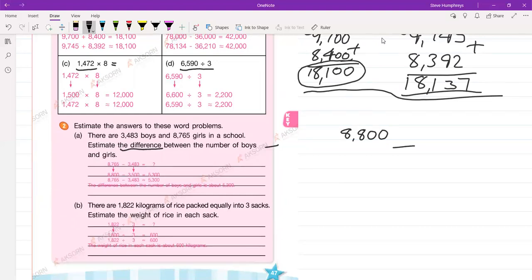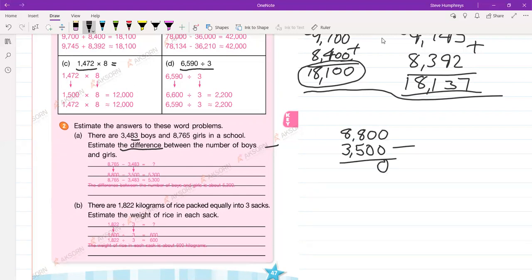It's like a word problem. 8,800 minus 3,483, look at the last 2 digits, round it up to the nearest 100, 3,500. Right, now we can do that to get our estimated answer.